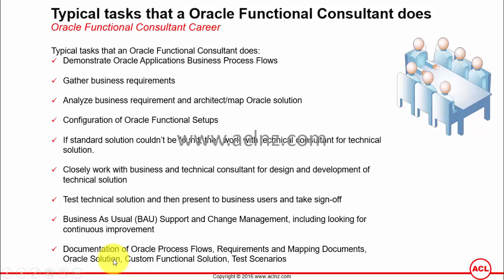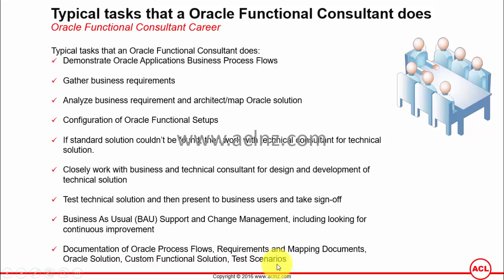So gaps go into one separate document and so on, and then the solution of those gaps goes into a custom functional solution, and then a functional solution, once it is technically designed and developed, then to test those customizations, test scenarios will come into the picture.